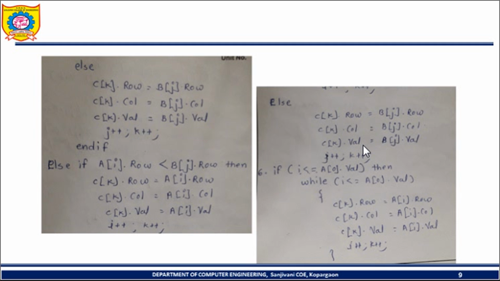But if the while loop condition is false for any one condition, it means that any one matrix has reached the end of its tuple form matrix.